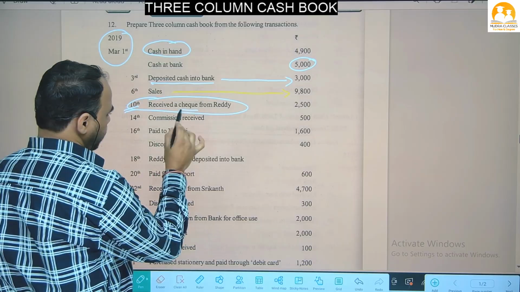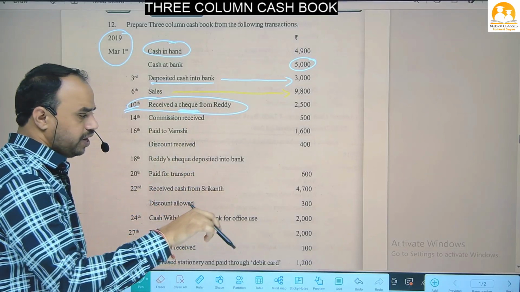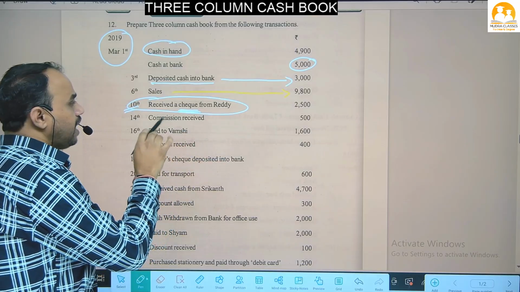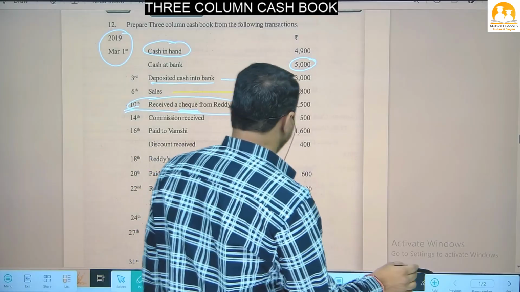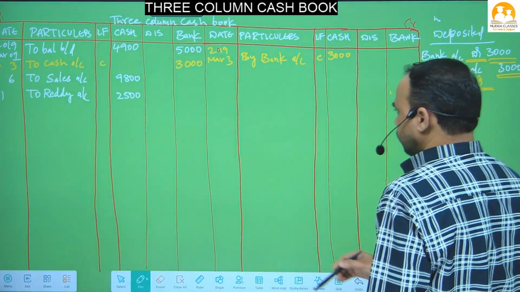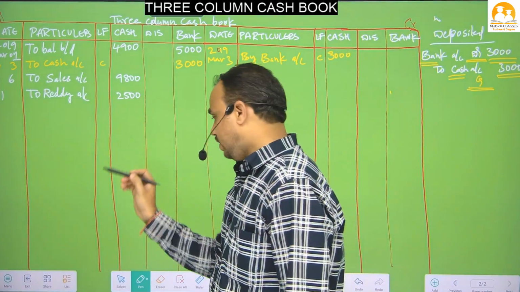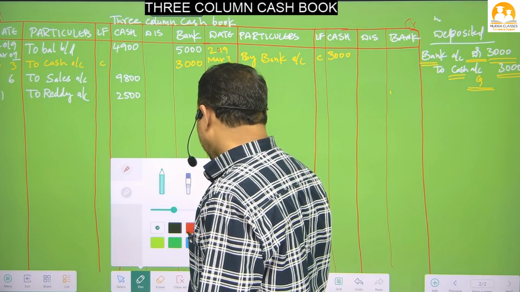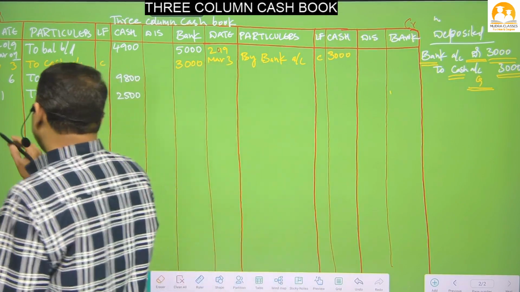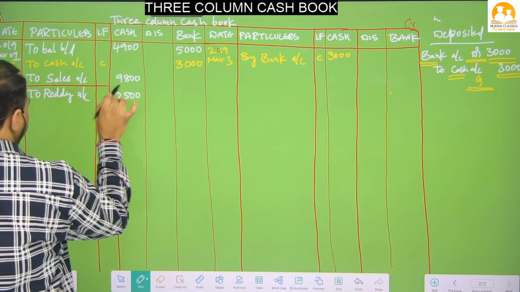Actually what we received here is a cheque, but what we have to assume is that we received cash from Reddy, and we have to write the amount in the cash column. See here, in the cash column we write Reddy because on the same day we did not deposit it in the bank. This is very, very important.